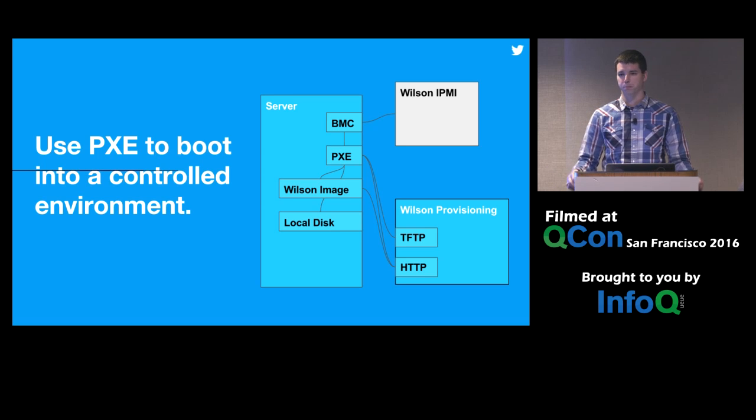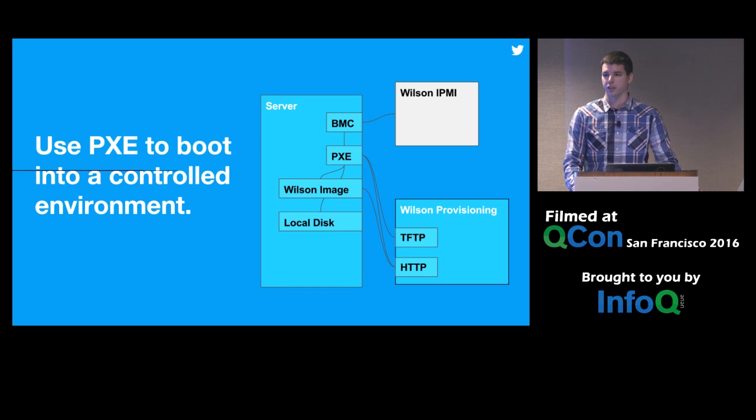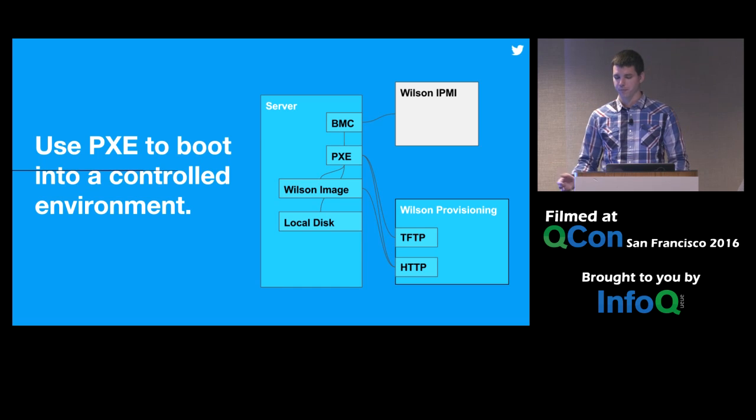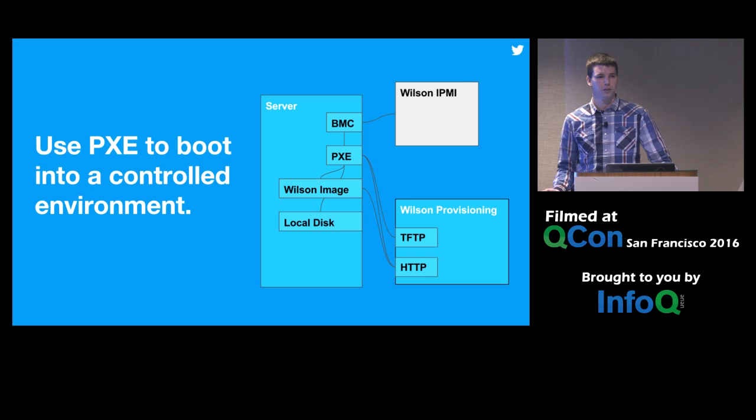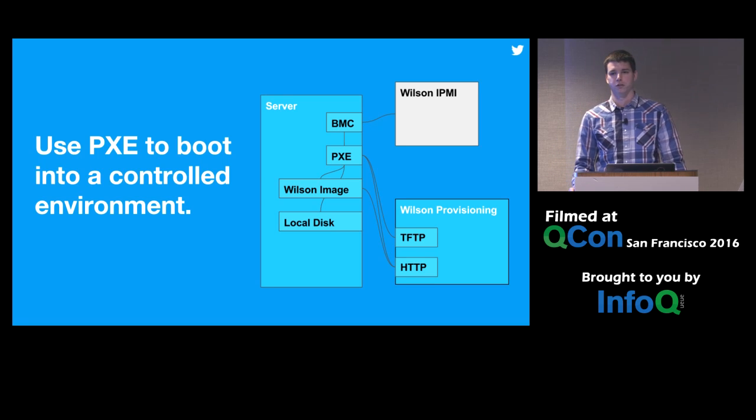And it will download, it's basically just a list of bash scripts or Python scripts depending on the application, and it downloads them and runs them. At the end of that, it will talk back to Wilson and say, okay, I've completed that stage and I'm going to reboot now. It will reboot and the process will repeat until it is out of tasks to run and will boot into the local disk, which hopefully is an operating system.